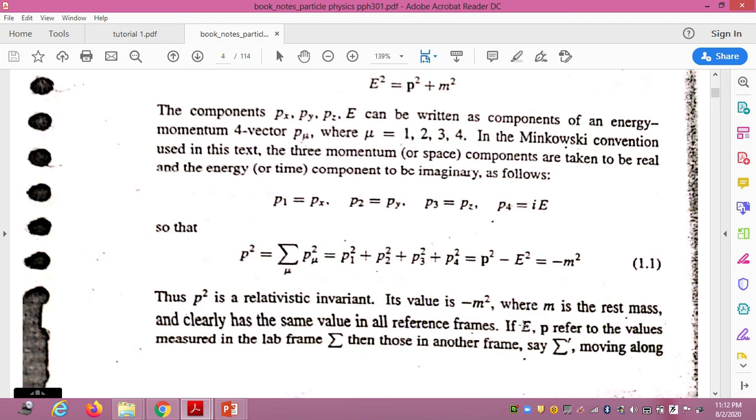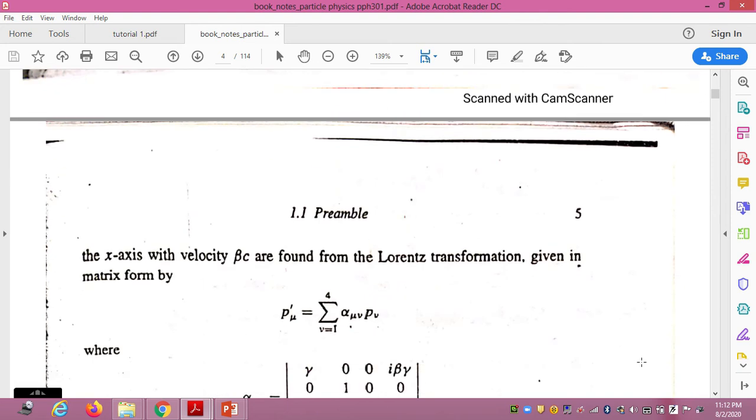So what we have to do is, if P refers to the value of a measured quantity in lab frame sigma, then those in another frame, say sigma prime, moving along some axis, maybe the x-axis, with velocity beta c, are found from the Lorentz transformation.